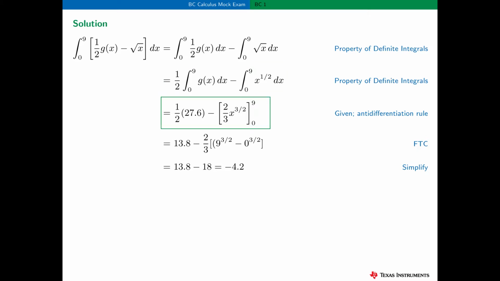The definite integral of g of x from 0 to 9 is given in the statement of the problem, 27.6. And we can use the basic anti-differentiation rule on the second integral. Next, we evaluate the antiderivative at the upper bound and the lower bound and subtract. And a little simplification gives us a final answer of -4.2.